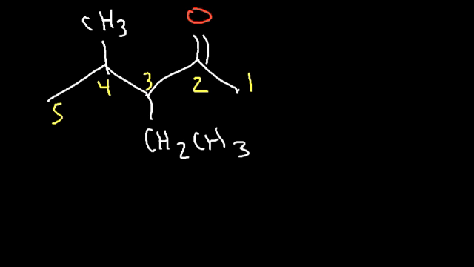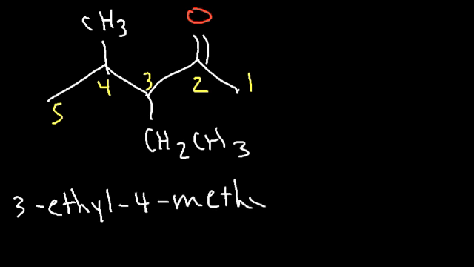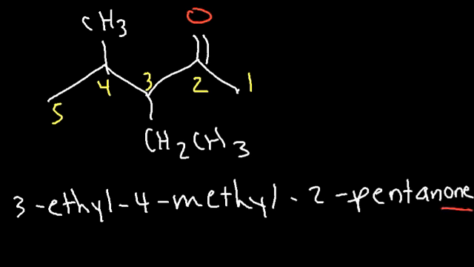And we have an ethyl on 3, methyl on 4. So it's going to be 3-ethyl dash 4-methyl. Now instead of saying pentane, it's pentanone because we have a ketone and it's on carbon 2. So it's going to be dash 2 pentanone. So the suffix is one.